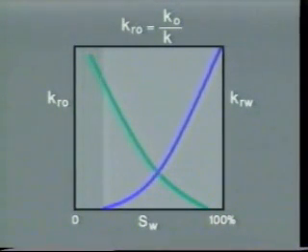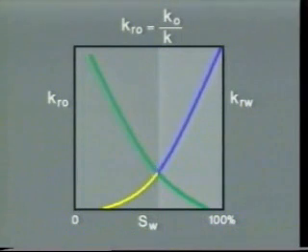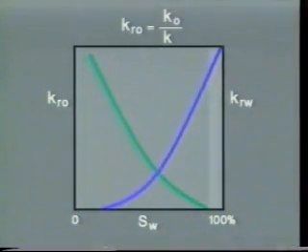As the water saturation increases, the relative permeability of the oil decreases until some critical level is reached, at which both oil and water flow. The oil flow continues to decrease and the water flow to increase as water saturation increases. At some level of water saturation, oil no longer flows and only water flows. Beyond this point, as water saturation increases, the flow of water within the rock continues to increase.